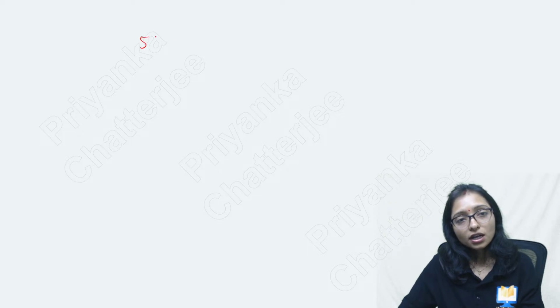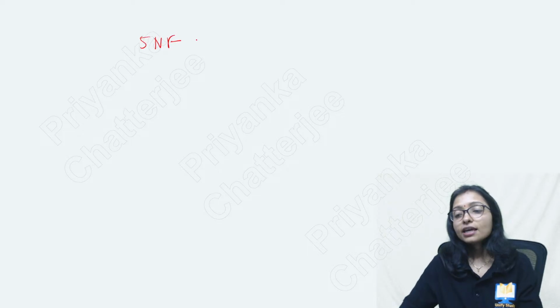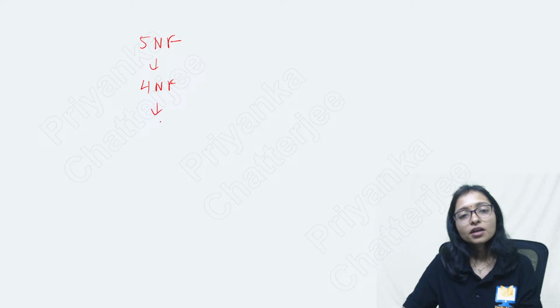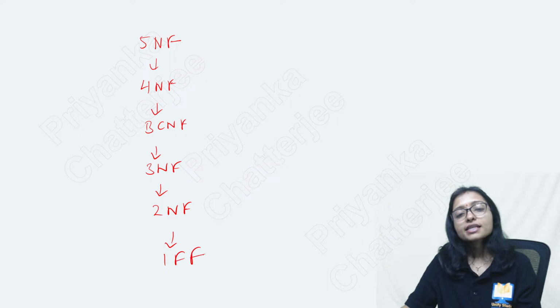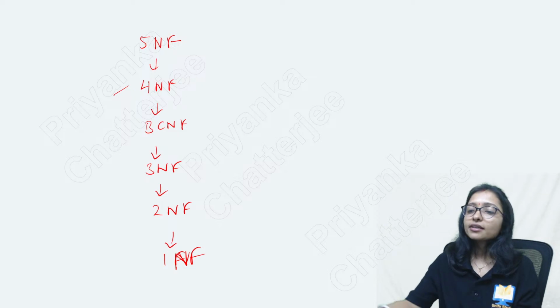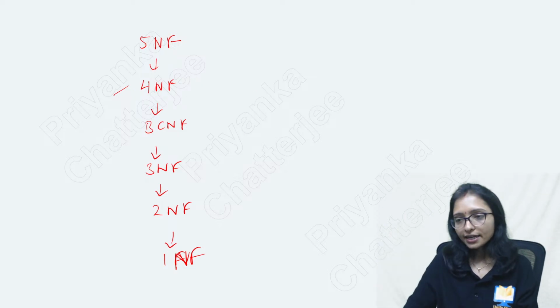First of all, 5NF. If any relation is in 5NF, then automatically it will be in 4NF, BCNF, 3NF, 2NF, and 1NF. So it is upper to lower. If the upper one is satisfied, then the lower one is automatically satisfied.